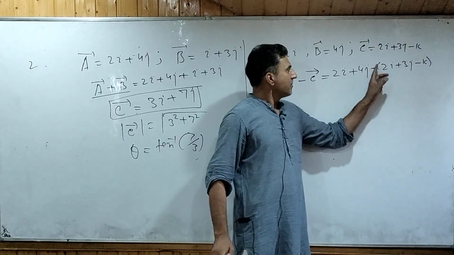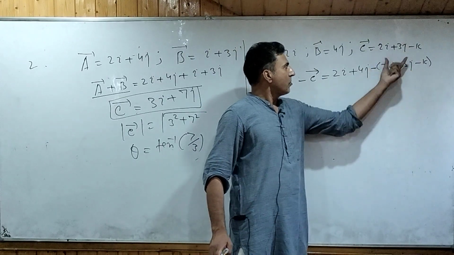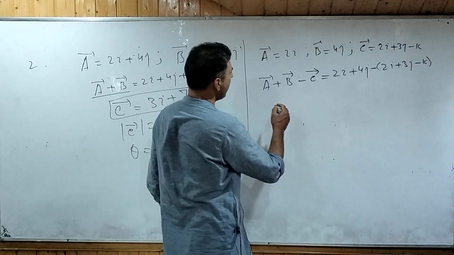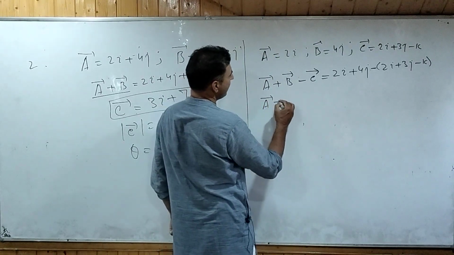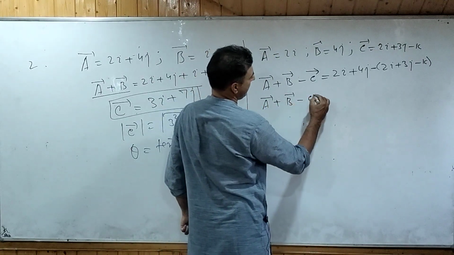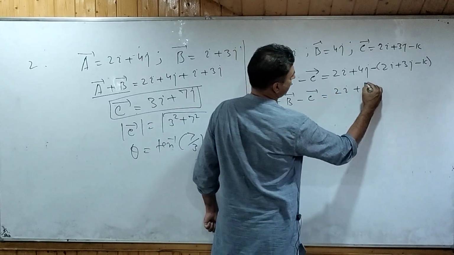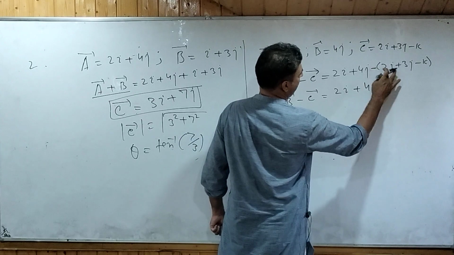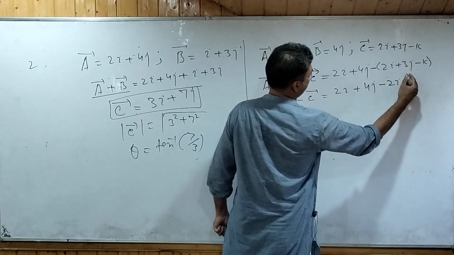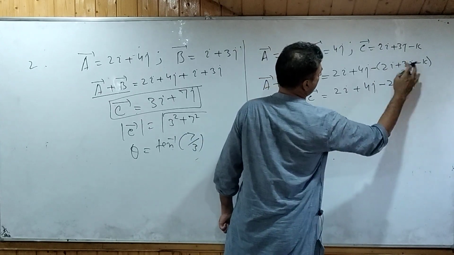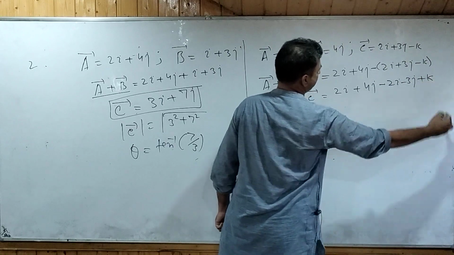Here minus, but in the brackets there is the whole C. And here you have to go through some mathematical steps. It is 2I plus 4J minus 2I minus 3J plus K.